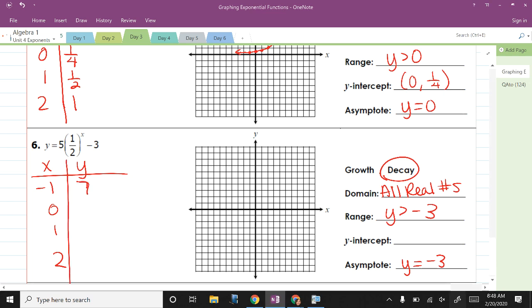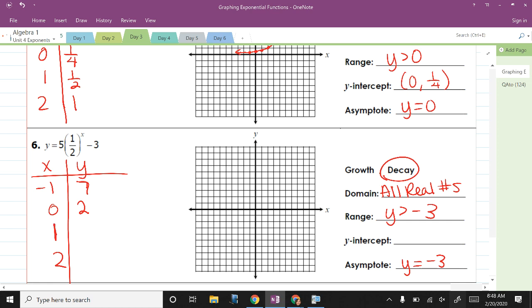And then the 0 I'm going to do in my head. This part makes 1, right? Anything to the 0 power is 1. 5 times 1 is 5. 5 minus 3 is 2. Right? Okay. Can y'all do the next one in your head, or do I need to show you how? All right.